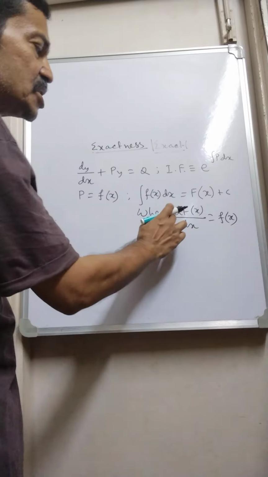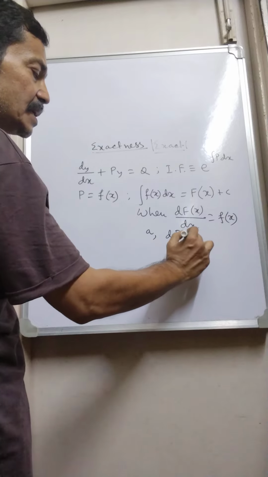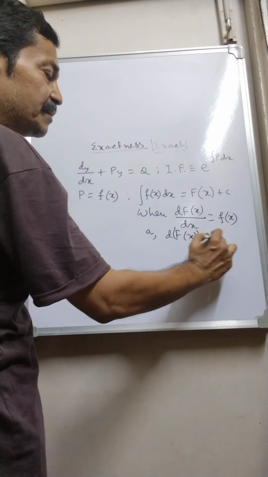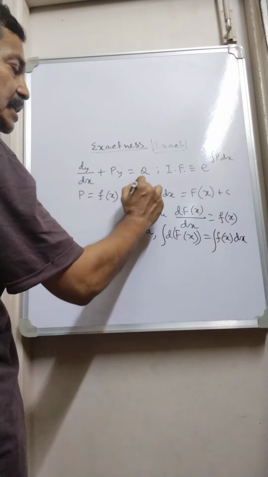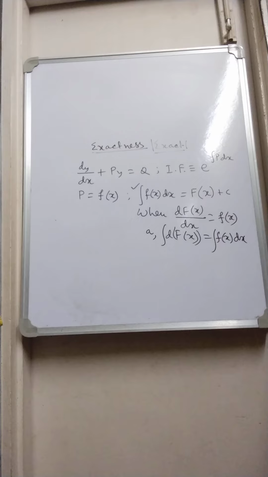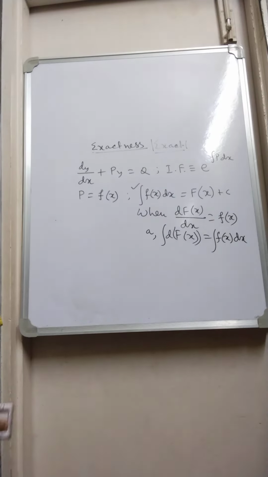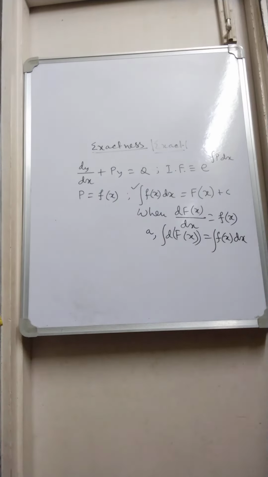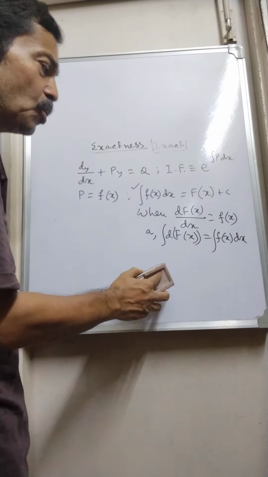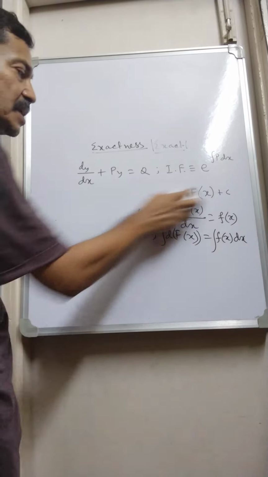Here we have a glimpse of this total differential, since this may be written as this, which is a total differential, and when you integrate both sides we have this. Isn't it so? With this small introduction, let us see what happens when we multiply this differential equation with this integrating factor. Remember that integral f(x) dx is F(x), and that denotes that F prime x, capital F prime x, is small f(x).